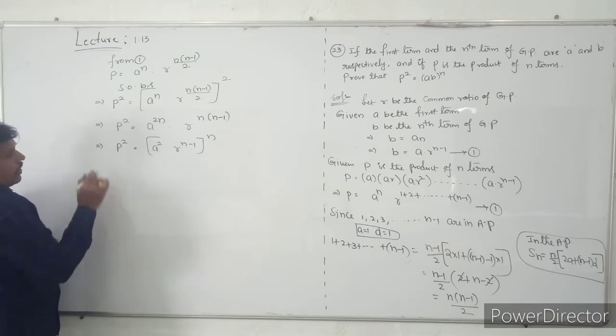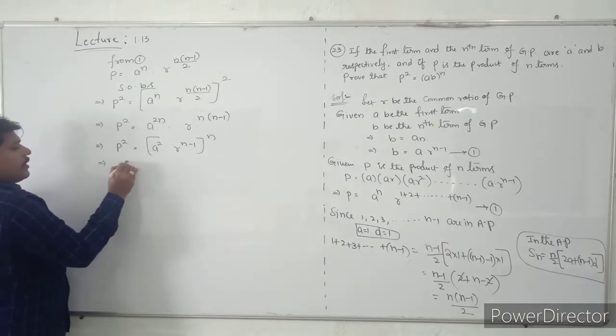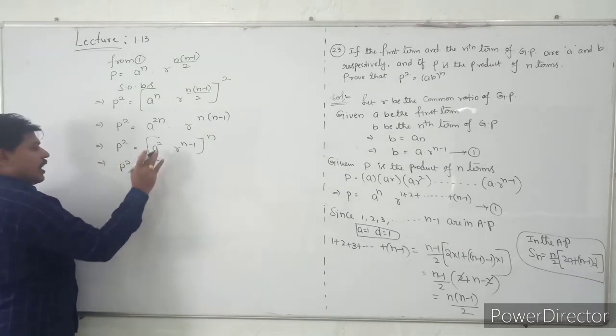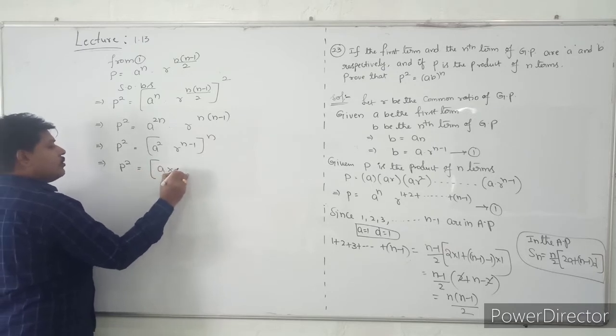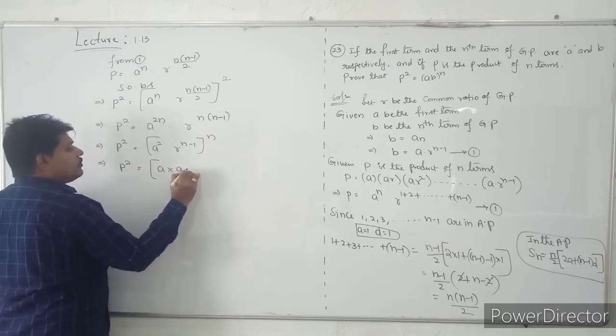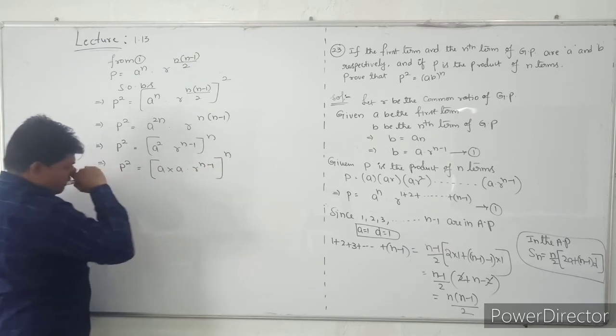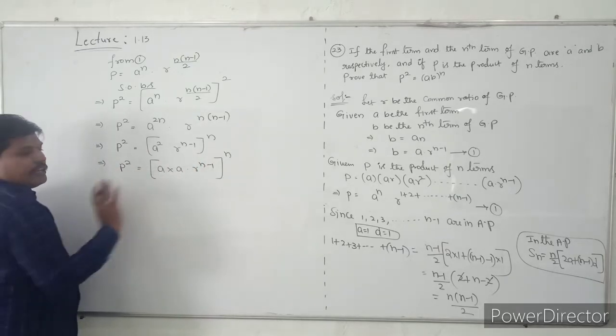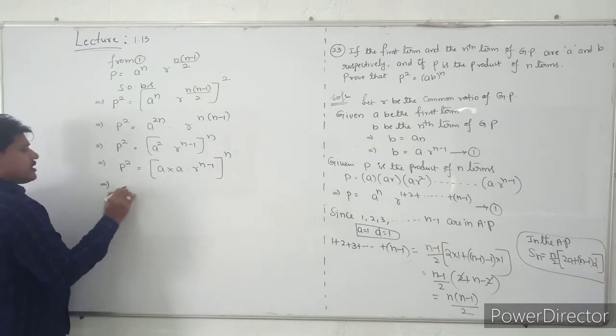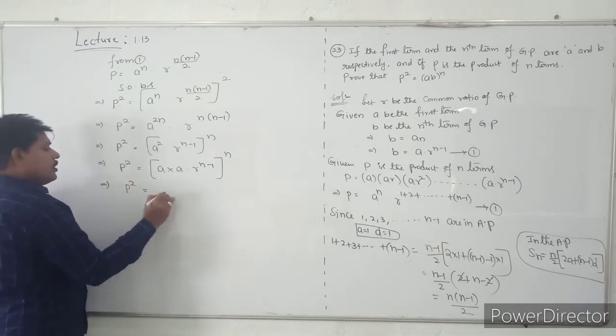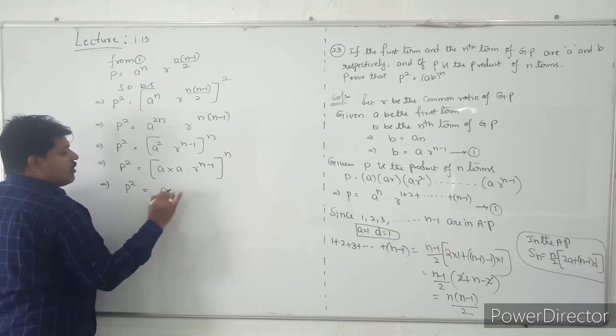This a square I write as a into a. So P square is equal to a into a r power n minus 1 whole power n, and this value becomes P.